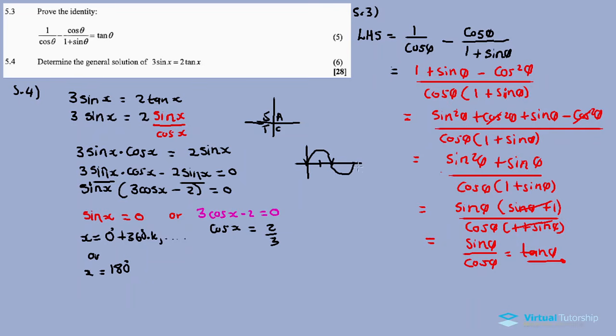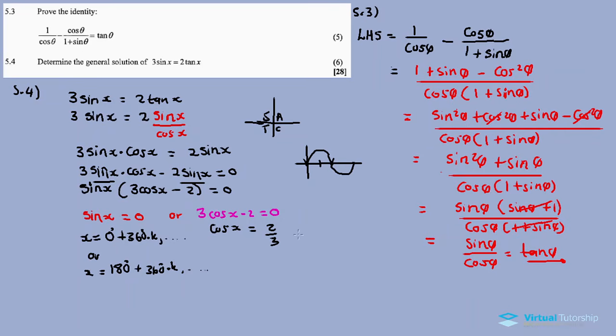I cannot use 180 because that's the period of the graph, but anyway, plus 360 times k, where k is an element of integers. So x is equal to 180 plus 360k, or 0 degrees plus 360k.